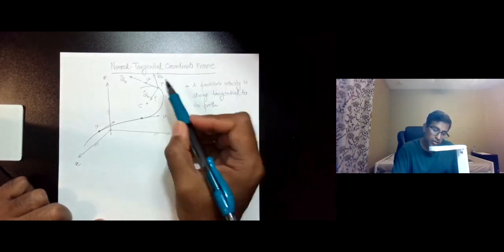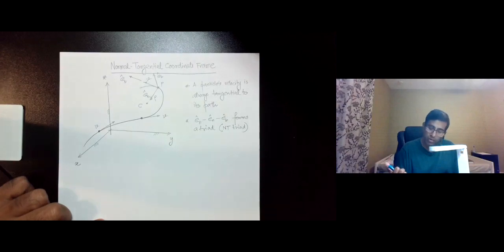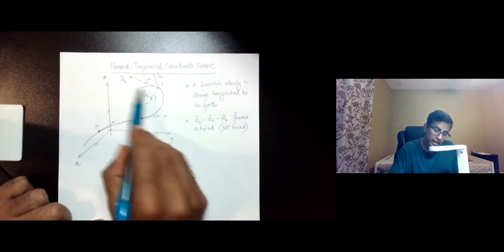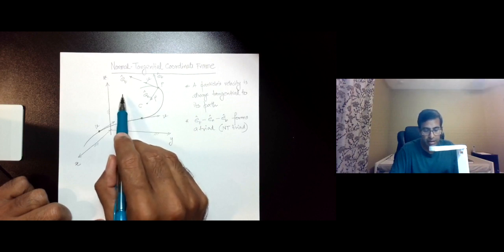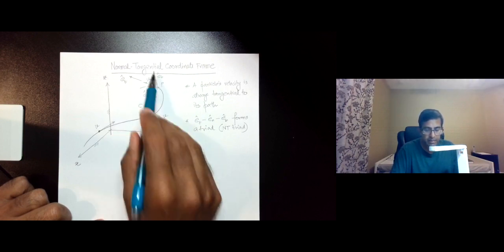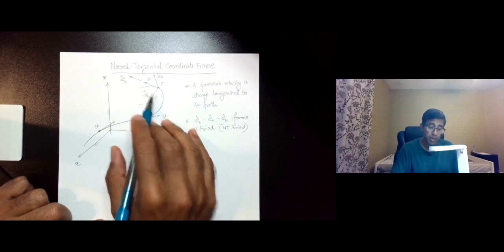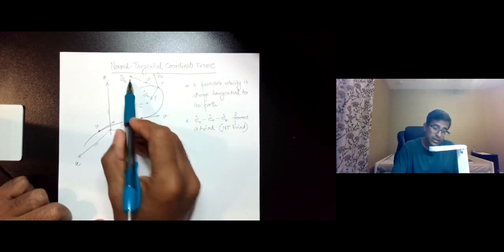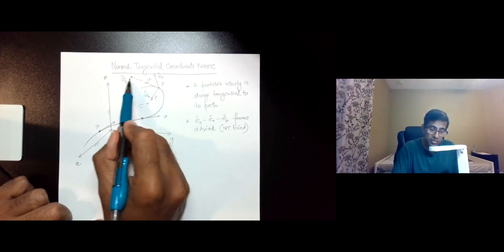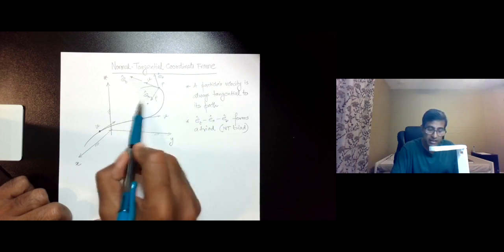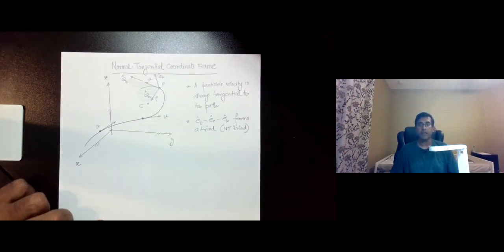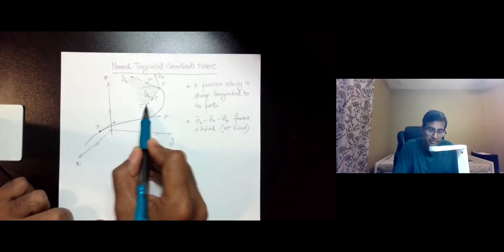Now, one thing to note here is that since e_t and e_n are mutually perpendicular, and e_b is mutually perpendicular to both, e_t and e_n are going to form a plane. You can imagine, I'm shading it here, a plane that is formed by e_t and e_n.